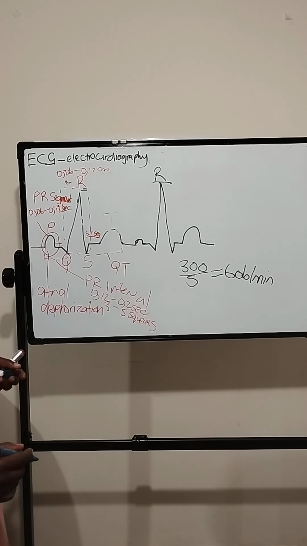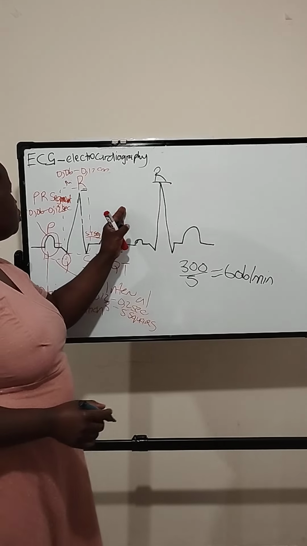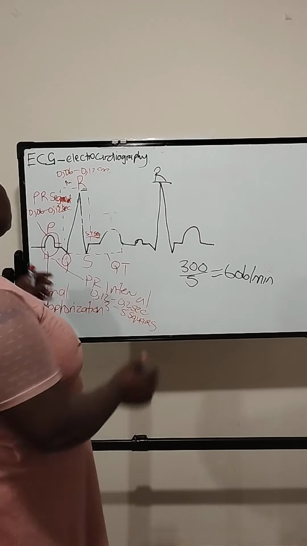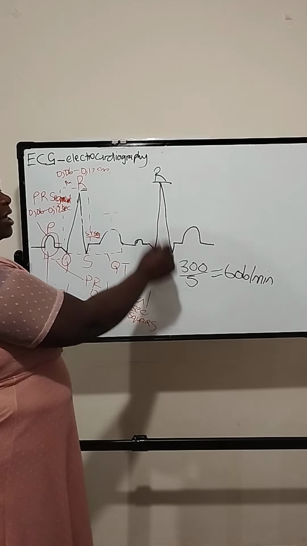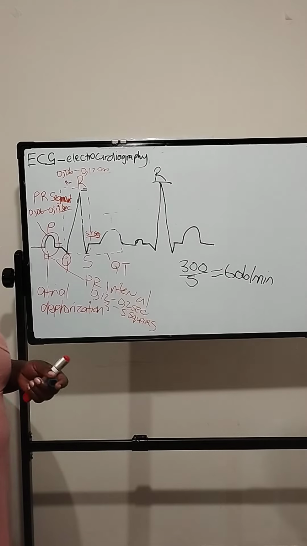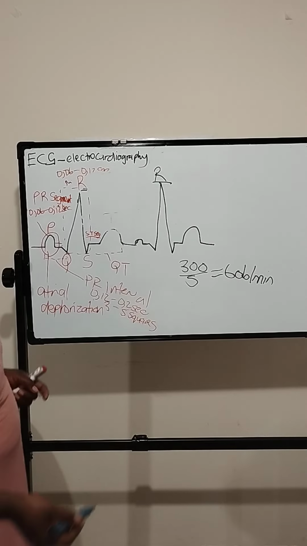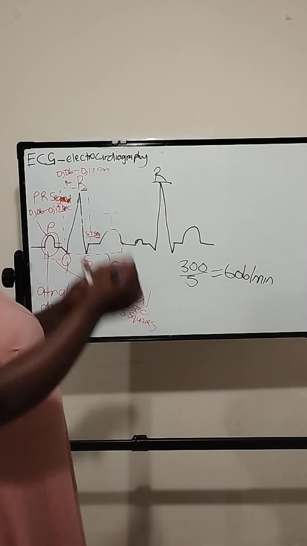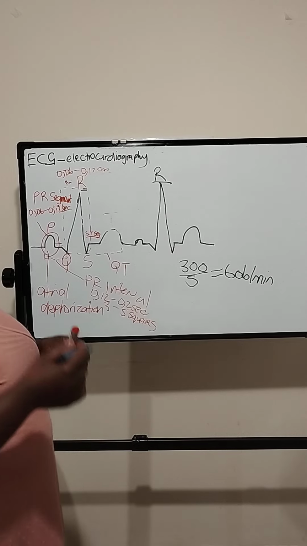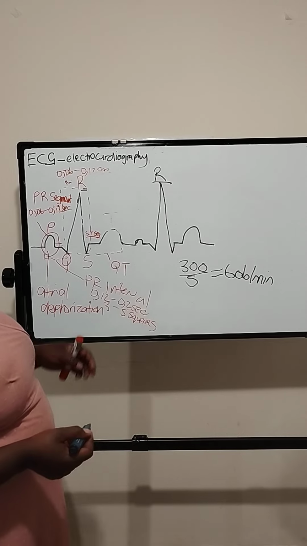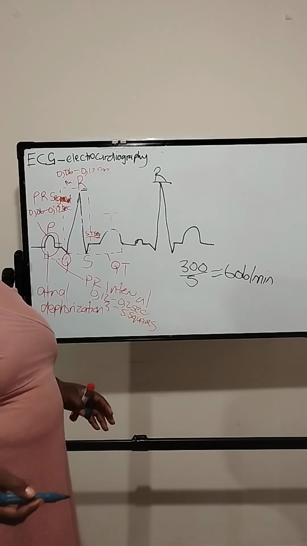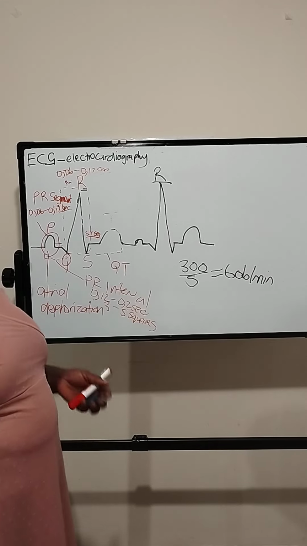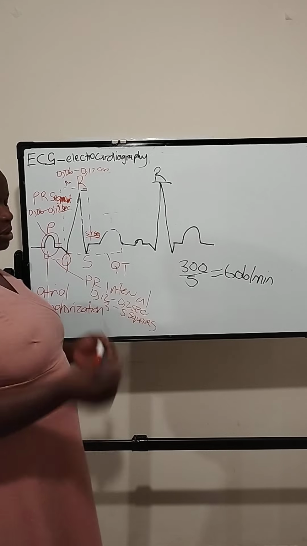And if there are 2 large boxes, it means you are going to divide 2 into 300 and your heart rate will be 150 beats per minute. If there's 1 large box, it means you're also going to divide 300 by 1 and your heart rate will be 300 beats per minute. If there are 3, you are going to divide 300 by 3 and heart rate will be 100 beats per minute.